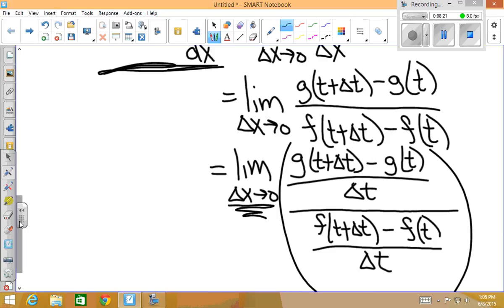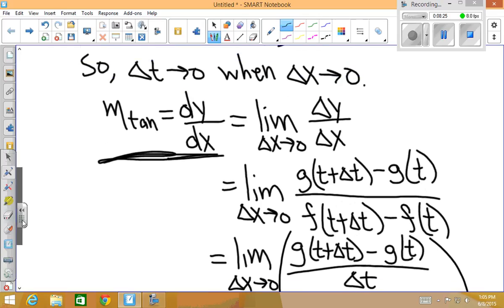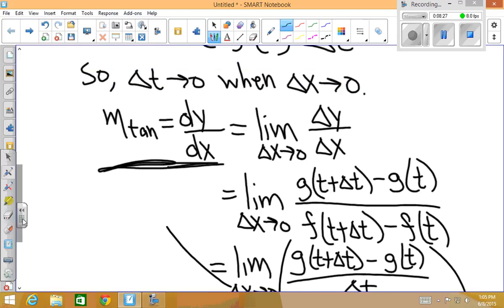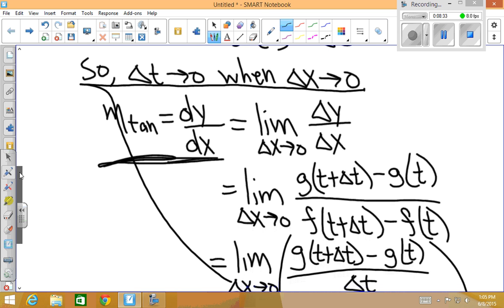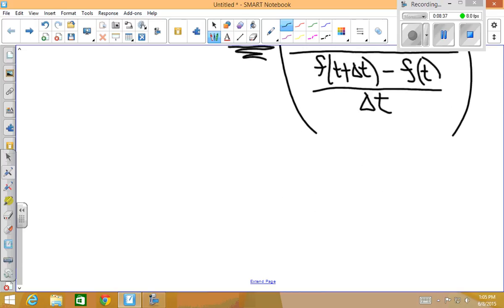Aha! Remember, up here, we said that delta t goes to 0 when delta x goes to 0. So we are able to replace our limit. Instead of delta x going to 0, we may replace it with delta t going to 0.